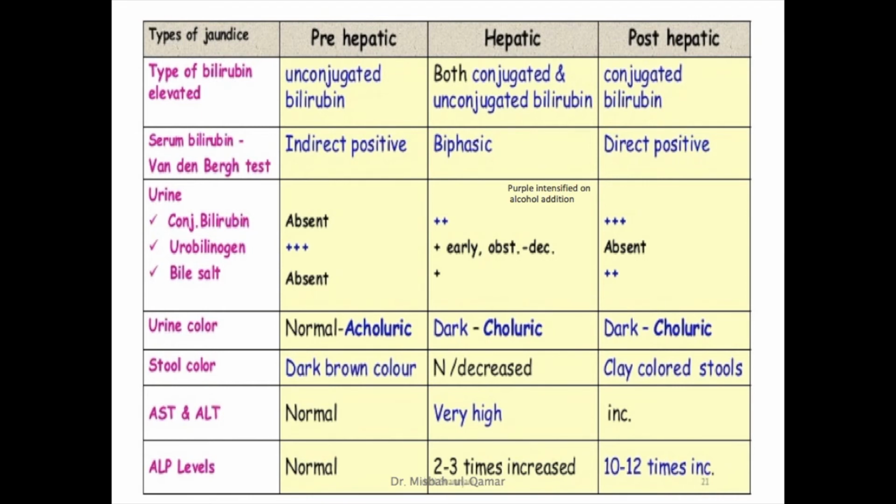Hyperbilirubinemia is of unconjugated type in hemolytic jaundice. Urobilinogen is increased in urine. But keep in mind that there is no bilirubinuria in case of hemolytic jaundice, and liver function tests are otherwise normal.